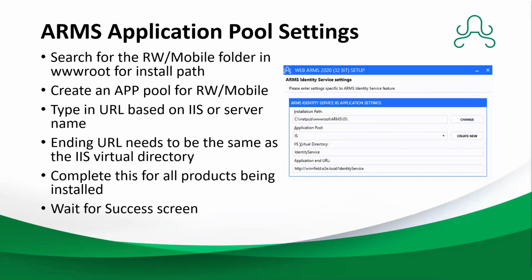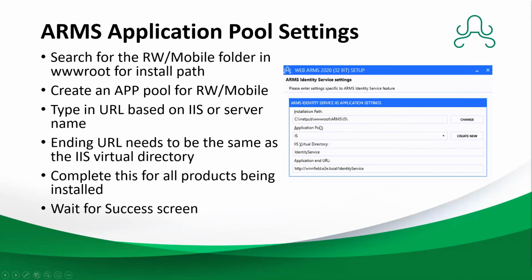All right, and once you do that, you click Next, and there's the ARM's application pool settings. This can be a little tricky, but it's not too bad. So the first one's ARM's Identity Service, and these application pools are what we're installing. So there's Identity Service, Report Center, Notification Manager, Mobile.